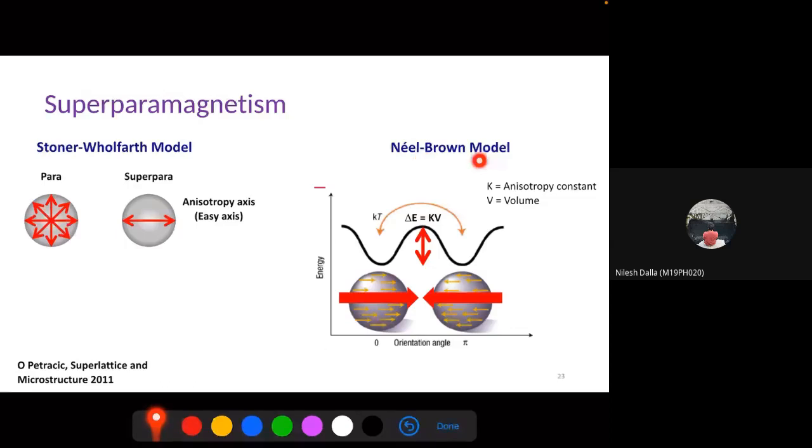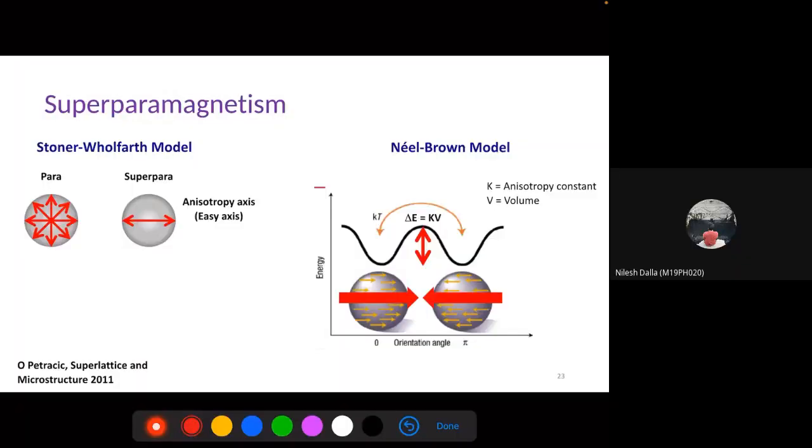So what we are saying is that if we have a single domain particle, we have two different anisotropy directions: one is the easy axis, one is the hard axis.